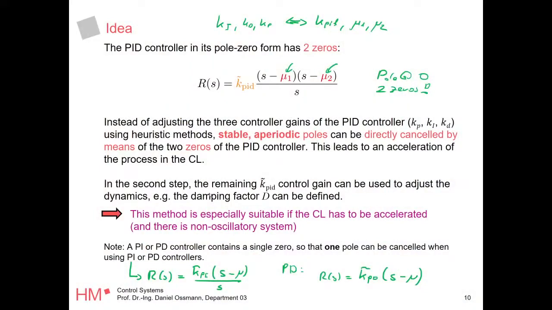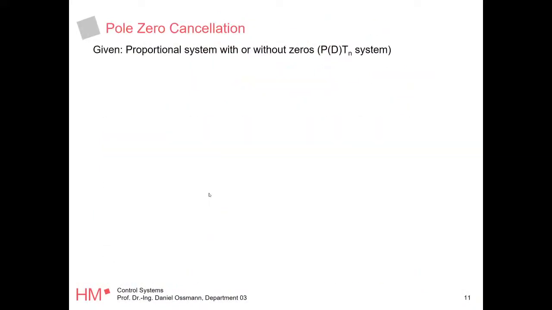Okay, so this was the high-level theory. So let's take a closer look at what it actually means. We have a proportional system, with zeros or without, it doesn't matter. We have our system, we have a gain here, and we have these poles.